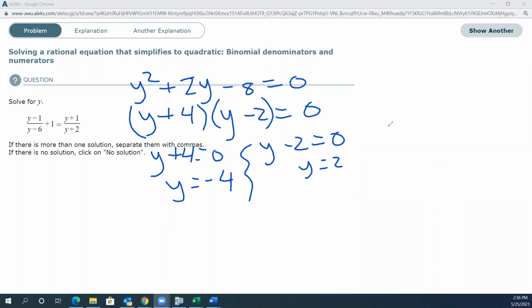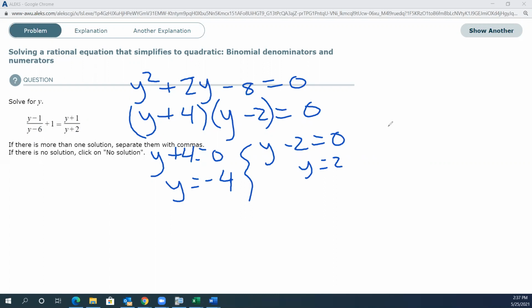Because in the original problem there were variables in the denominators, I really ought to check my work. Some things are going to be out of bounds and not work. For example, I know that you can't divide by 0, so 6 isn't going to work. If I plug in 6 for all of my y's, it's going to make that denominator 0.